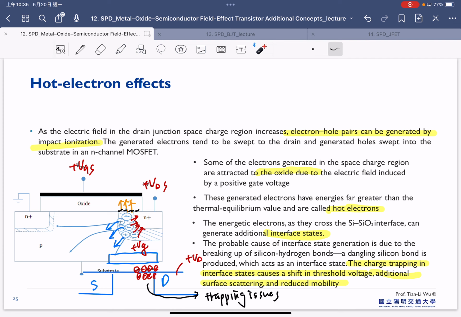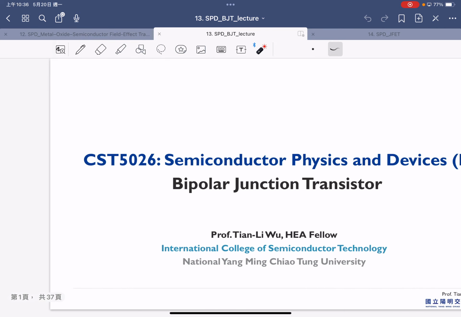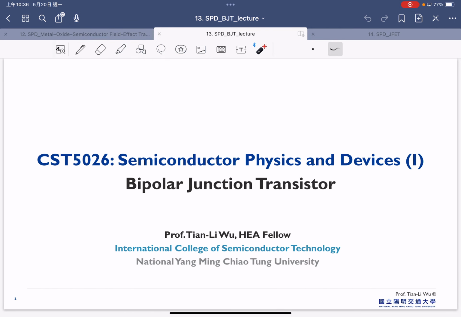Okay, so that's the end of our MOSFET here. Now we move to the bipolar junction transistor. The BJT is another kind of device that has completely different operation compared to the MOSFET.